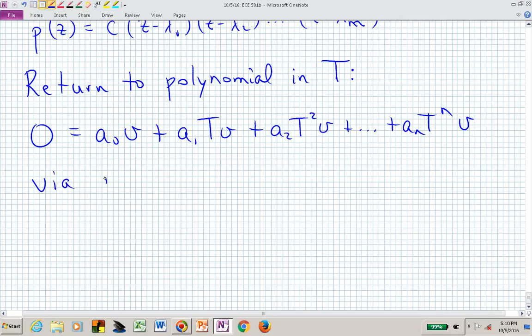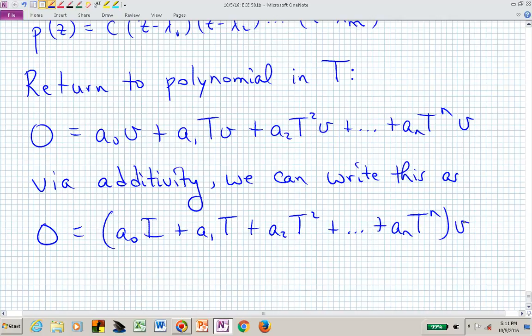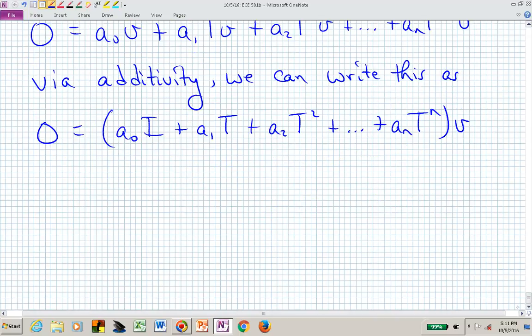And via additivity, we're actually able to write this as 0 is equal to (a sub 0 I plus a1 T plus a sub 2 T squared plus dot dot dot plus a sub n T to the n) v. So maybe what I did want to do, but I hate to go back there, is go ahead and label that as n before, but I'm not going to do that. I'll do that after the fact.